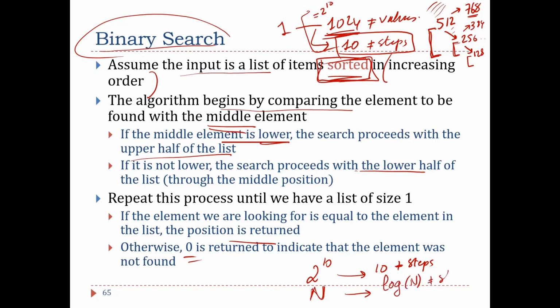So no matter what n is, this would have required up to log of n steps to find the value, while linear search requires n different steps. So log is clearly less than n, and this is why binary search is in fact a better algorithm.